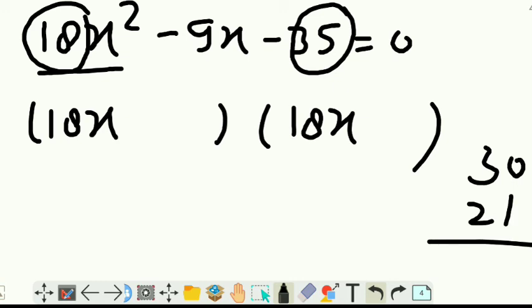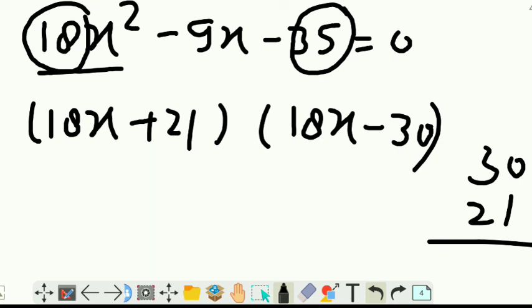And we require here minus 9, so what will we write? 21 minus 30. So plus 21 in one place and minus 30 in the other. Okay, now we will divide by the HCF of both the numbers.